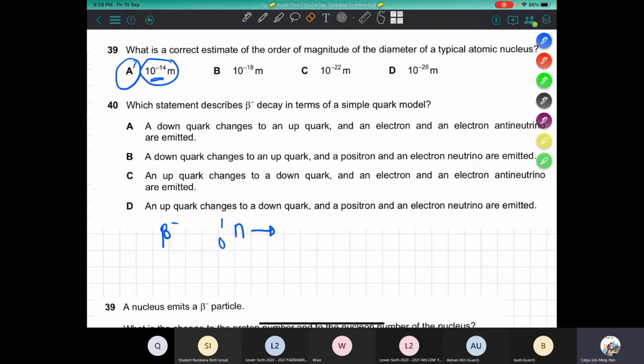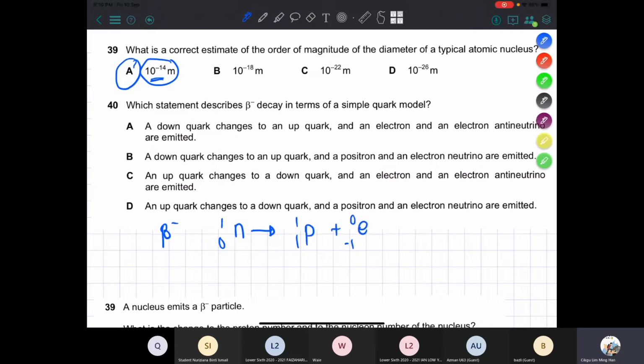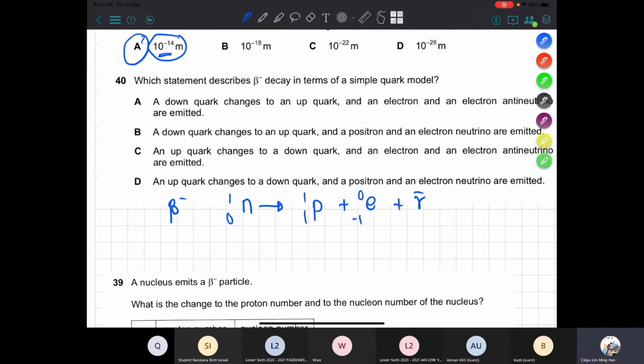Sorry, it's a 1 1 p, plus an electron 0 minus 1, plus the anti-neutrino. So mesti ingat this one. You must remember this beta minus.